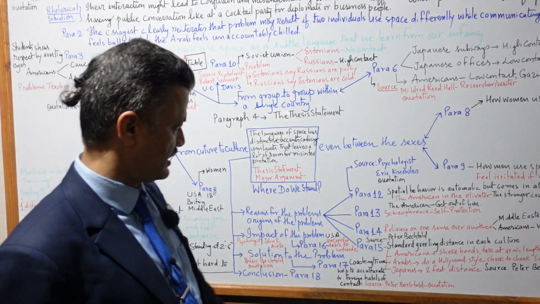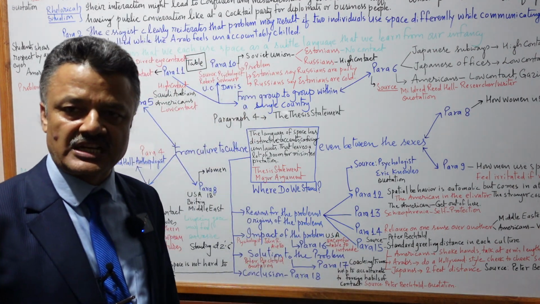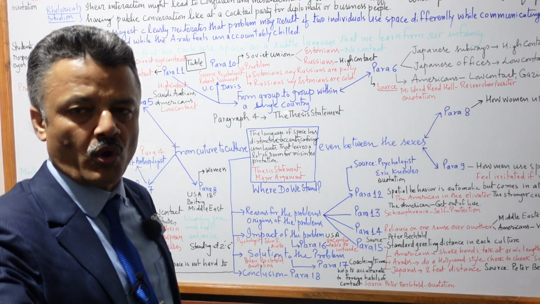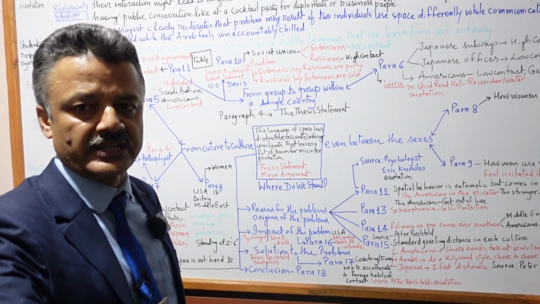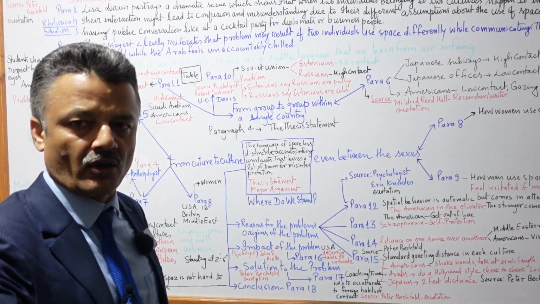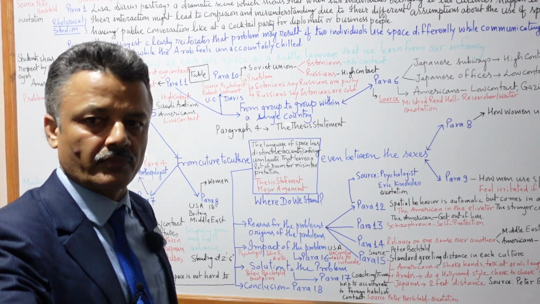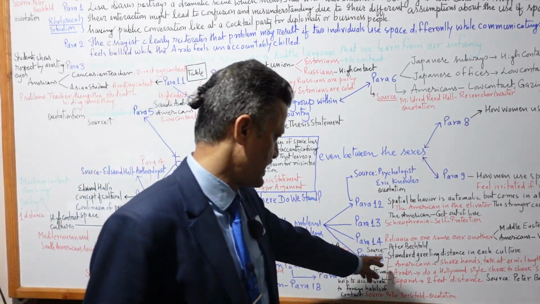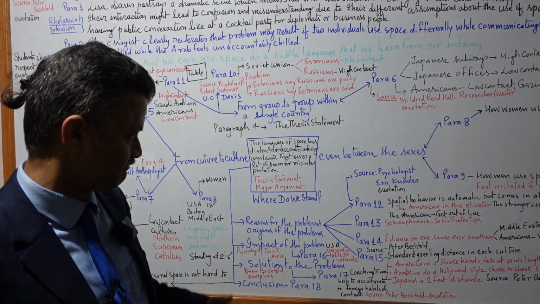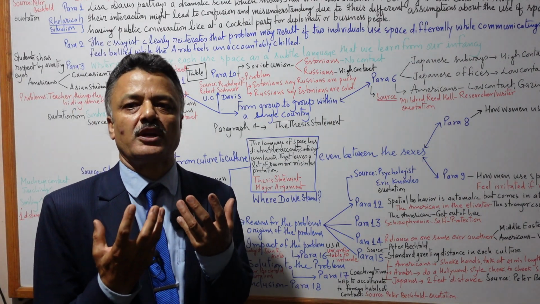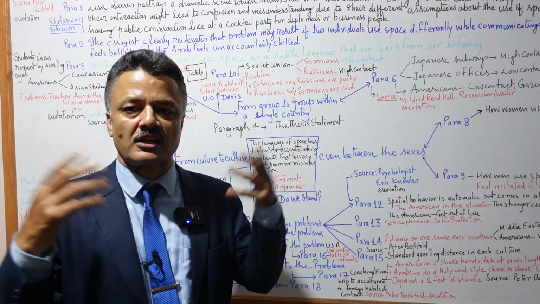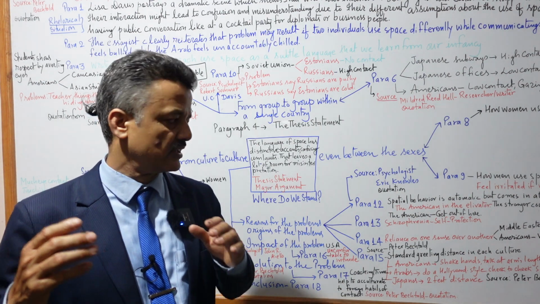Then we move to paragraph 14, where Lisa Davis says that why people use space the way they do may also rely on what sense people use to study, survey, and figure out their surroundings.